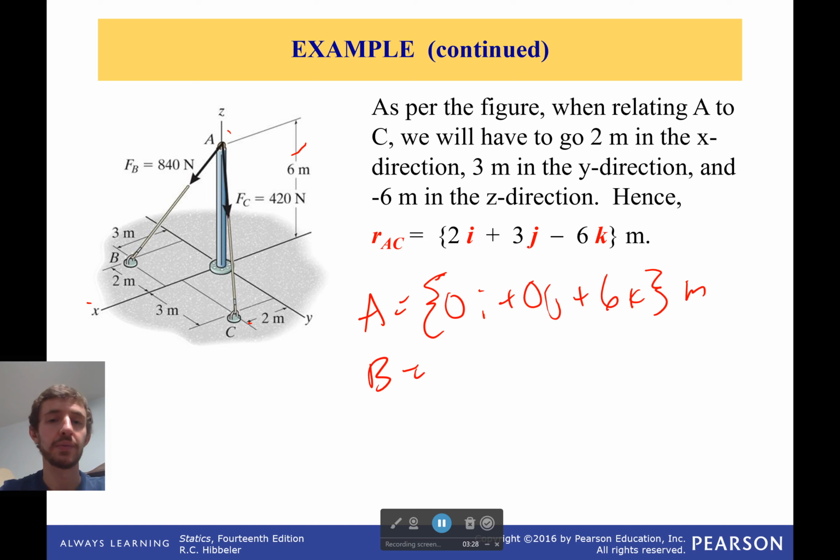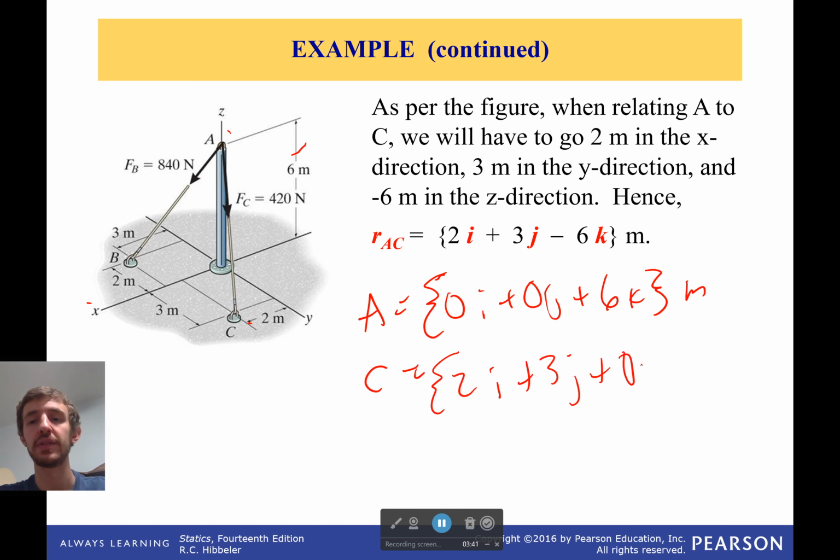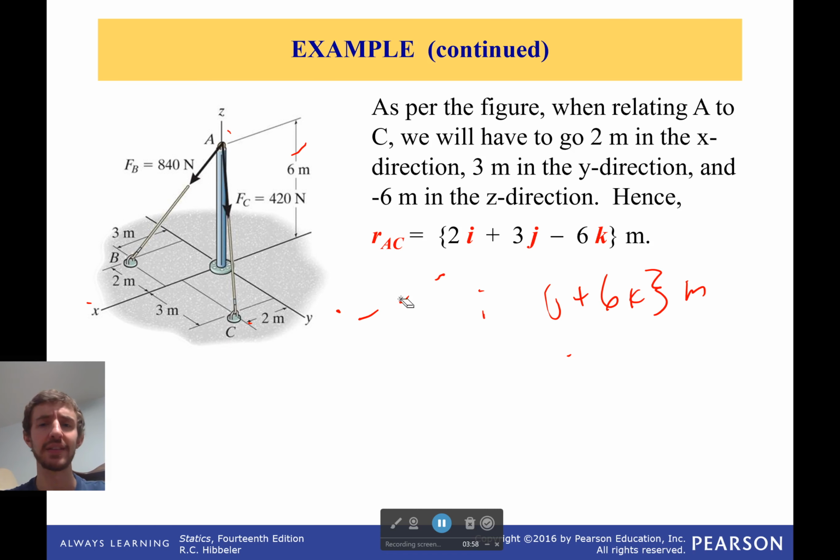C would have been equal to 2i plus 3j plus 0k meters. I subtract those two, tip minus tail. So 2, 3, -6. Same exact answer. It all really depends on how you want to look at it.